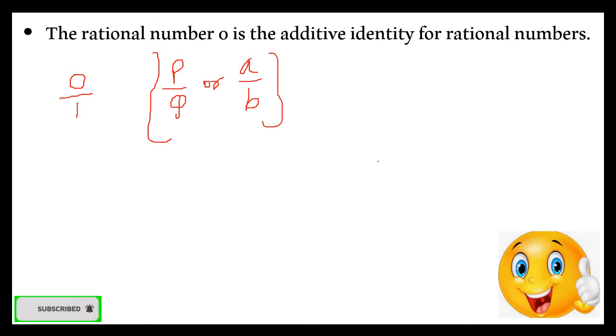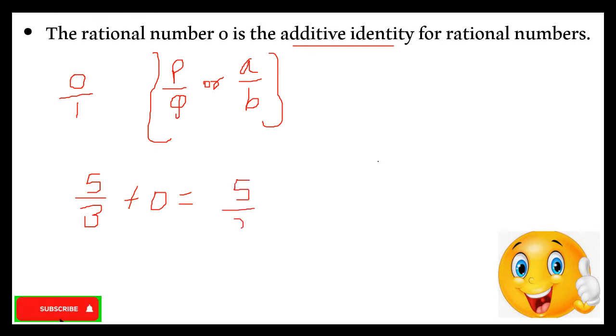What is the meaning of additive identity? When you add 0 with any rational number, suppose you take 5 upon 3 and add 0 with it, your result won't be affected. It will be 5 by 3 itself. This is 5 by 3 plus 0, 5 upon 3. Take any number, minus 3 upon 7, and plus 0.